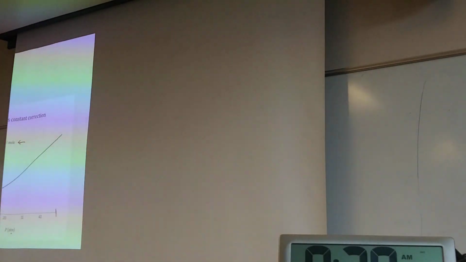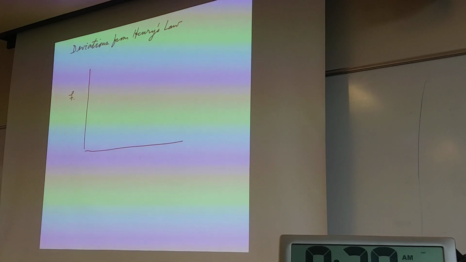So our next order of business here, an important one, is deviations from Henry's law. So if I make a plot here, the plot is going to be the fugacity of that component in the liquid phase plotted against the mole fraction.